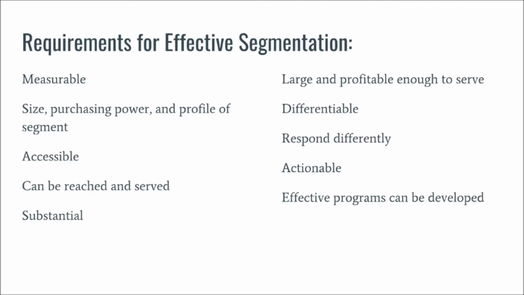You have to figure out if your target market is differentiable. By that, what I mean is, for example, if you're a matcha tea company about to launch in Canada, do you have a large enough target market that you can cater to? And is your target market actionable? For example, consider a new brand called Allbirds.